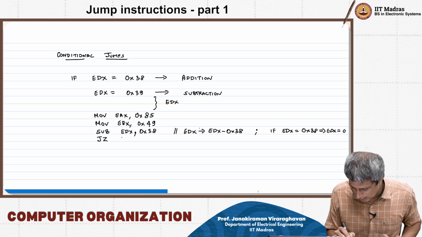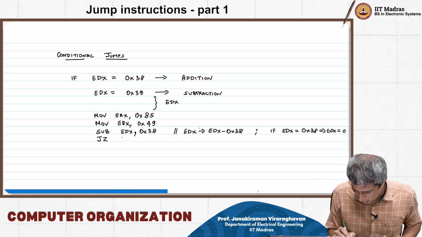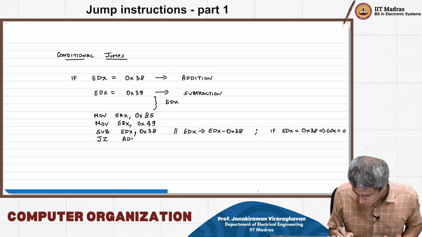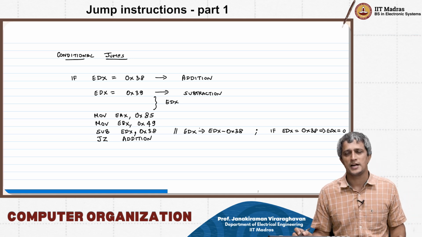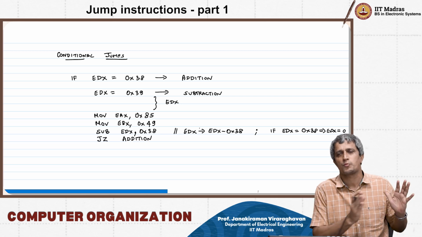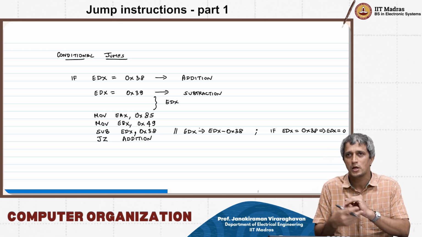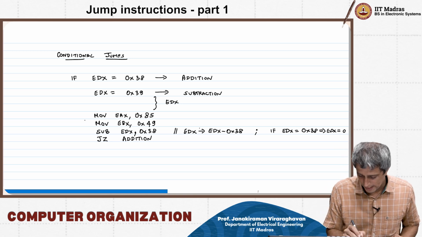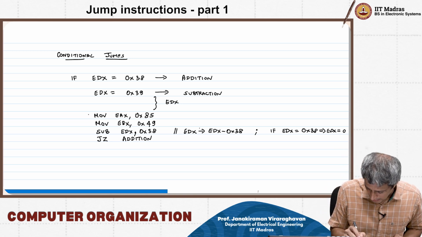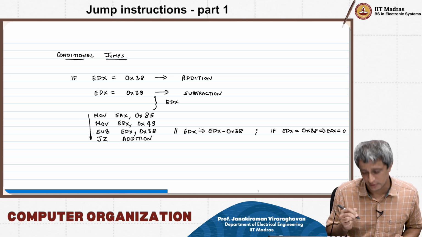Okay. So, I will say jump on 0 to location addition. Okay, addition is a label, we are going to correspond to some address in memory. I will come to what that piece of code is later. So, therefore, the execution flow is going to be as follows. It will be like this.